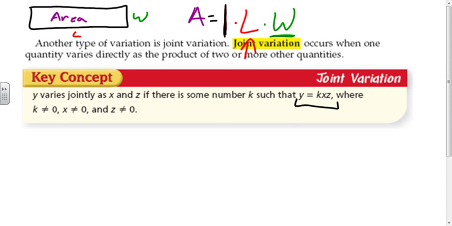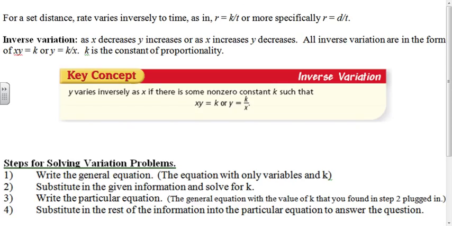You're going to have to get a longer rectangle to get more area. If you keep the length the same and you decrease the width, that means your area is going to decrease as well. And so again, those look like y equals k times x times z.